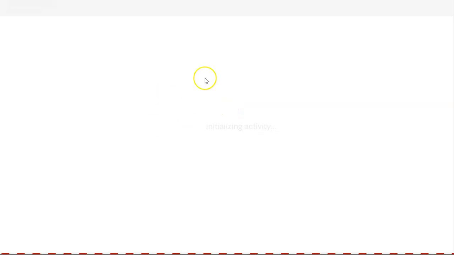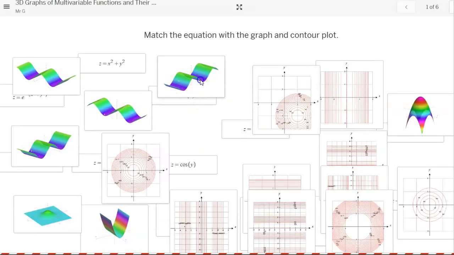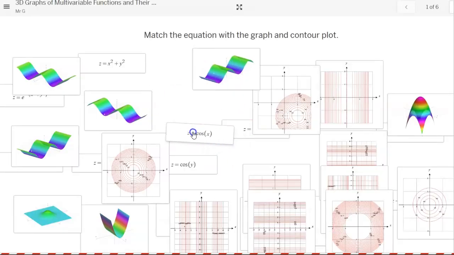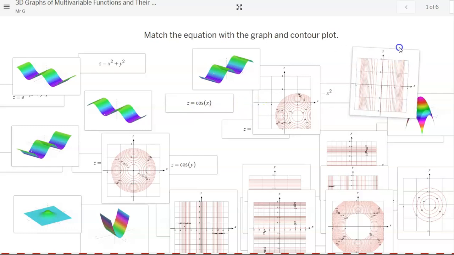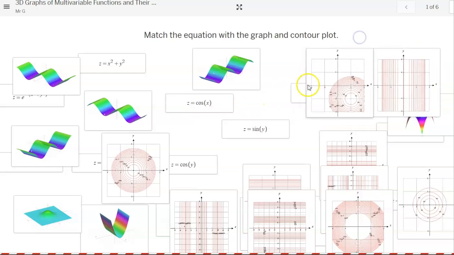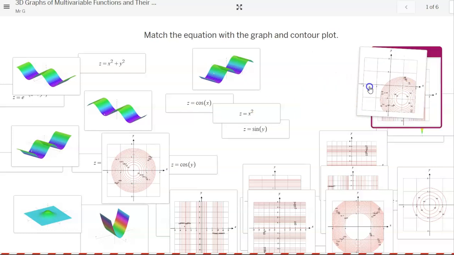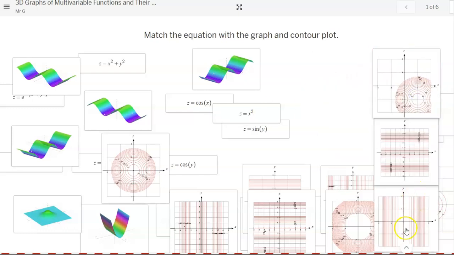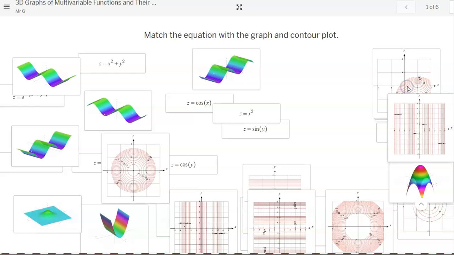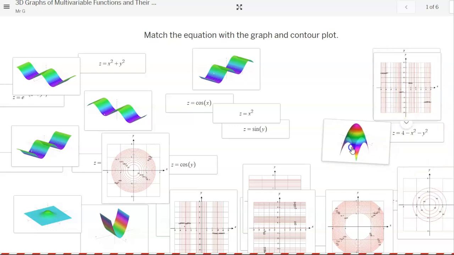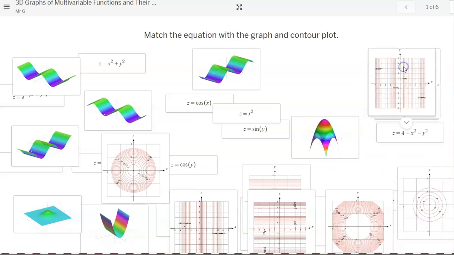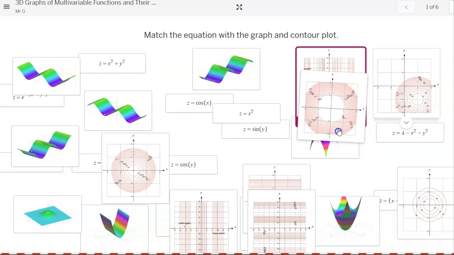There are two card sorts in this where you're imagining equations, contour maps, and functions. I know there's a lot of things right here, so if you're a little overwhelmed, start stacking some of them just to hide them a little bit until you're ready to get to those things.